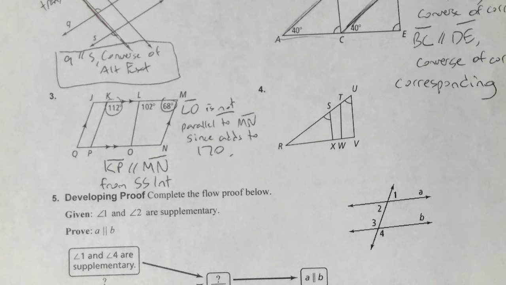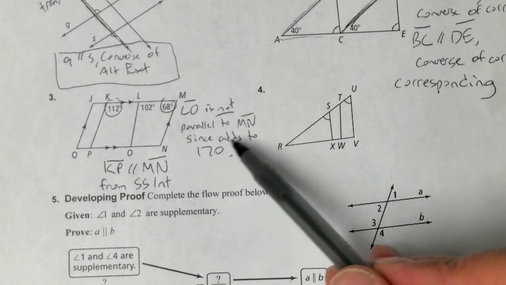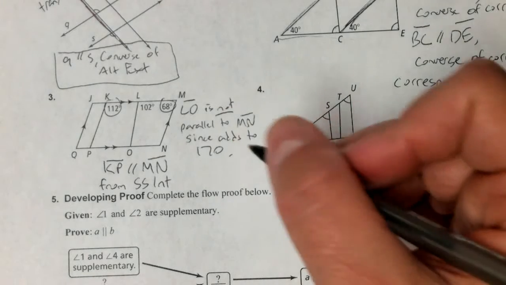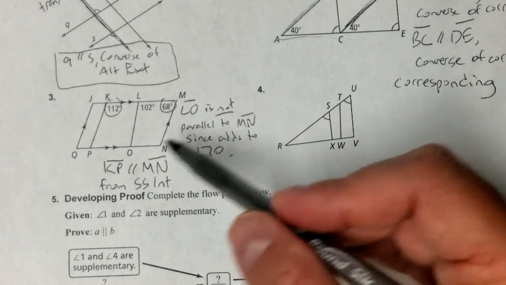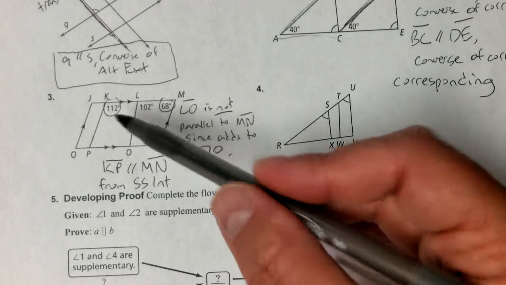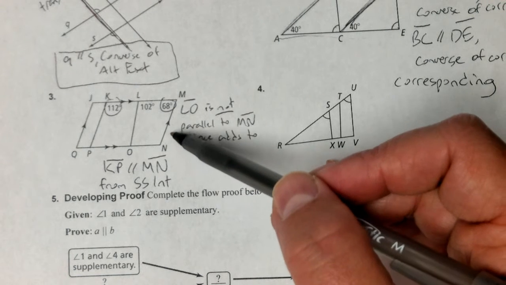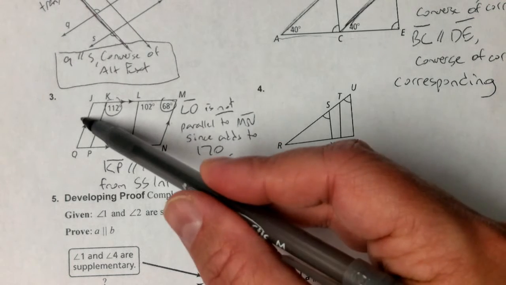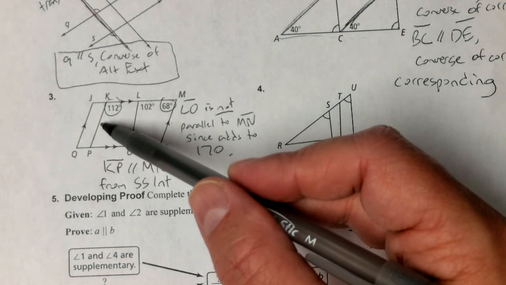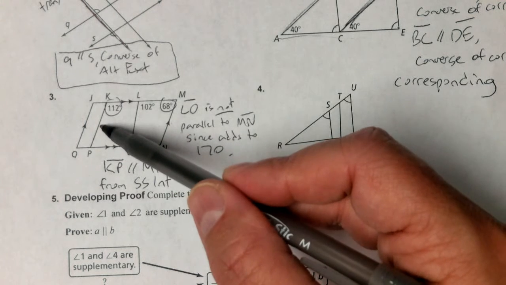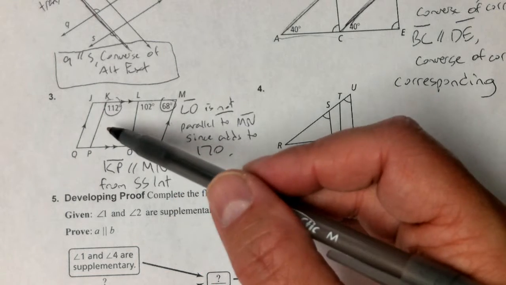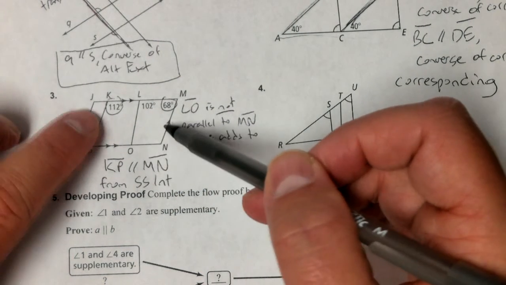Since this adds to 170, not 180, these two are not parallel, but these two are. The other thing about this is if you know MN is parallel to JQ, then KP should also be parallel to JQ, because we just said that these are parallel.